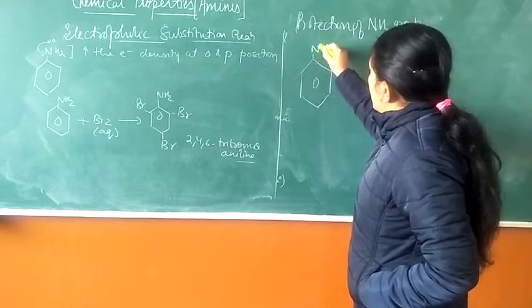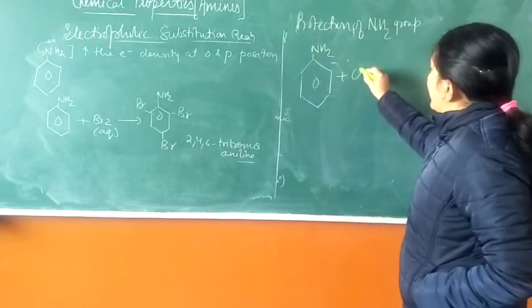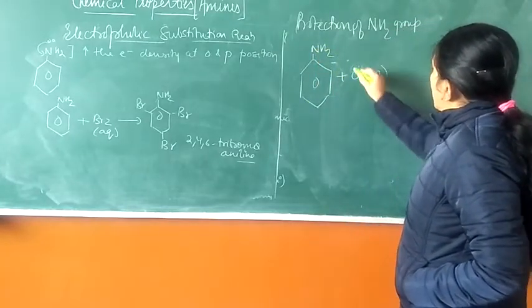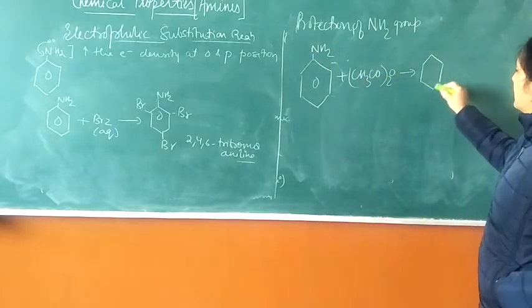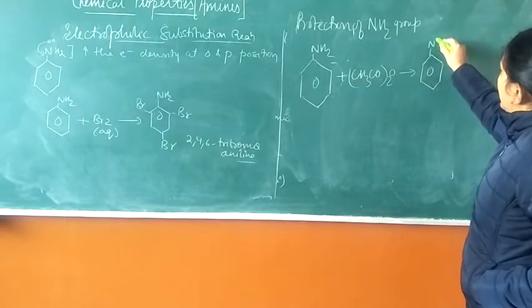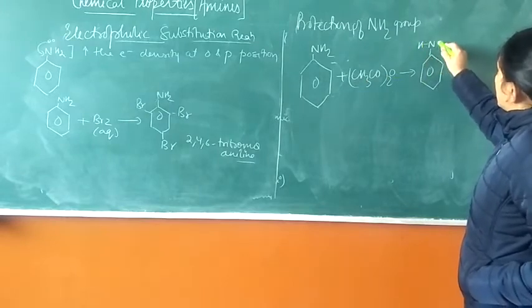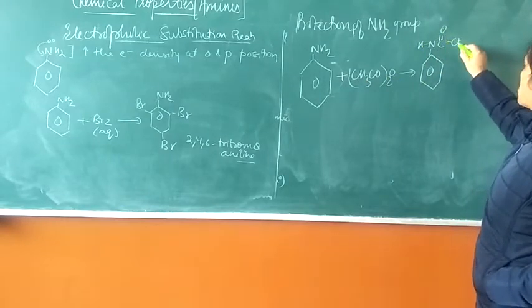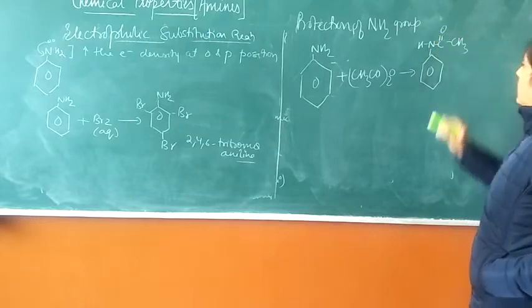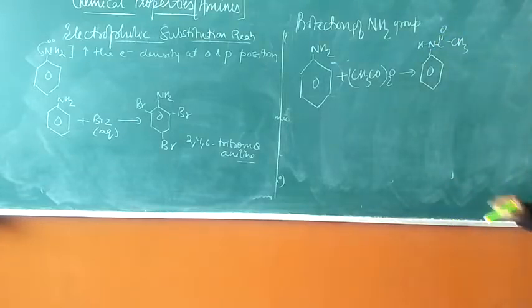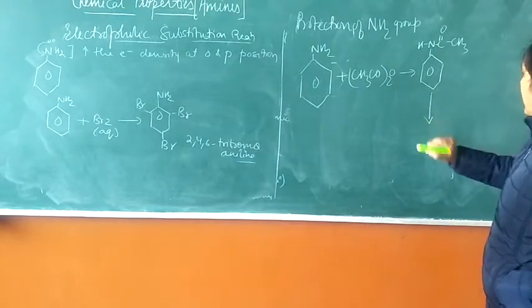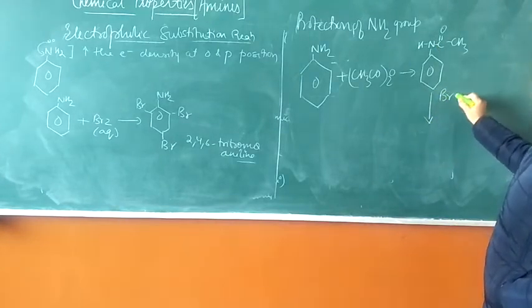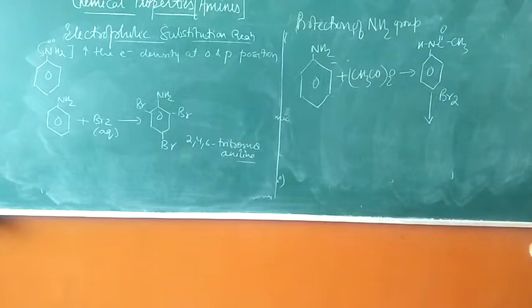You will see here it is NH, this is COCH3. Now, students, the lone pair on the nitrogen atom will be under the influence of this carbonyl group also.